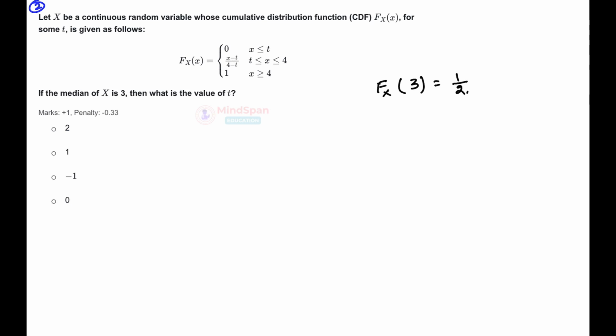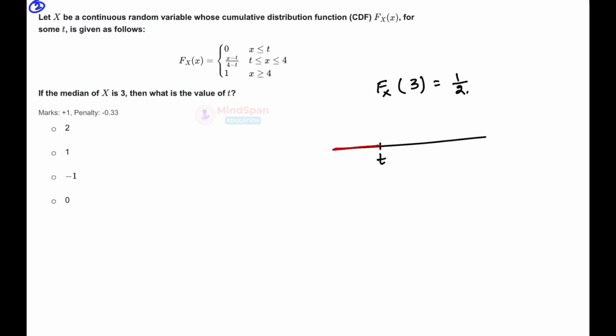So now here the CDF is 0 when x is less than t. So let's suppose this is t, the CDF is 0. That means we haven't accumulated any of the probabilities, right.